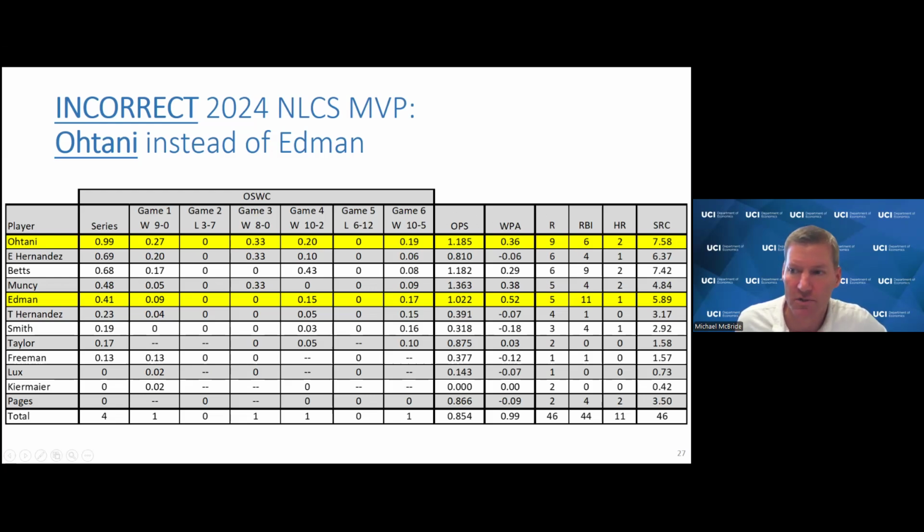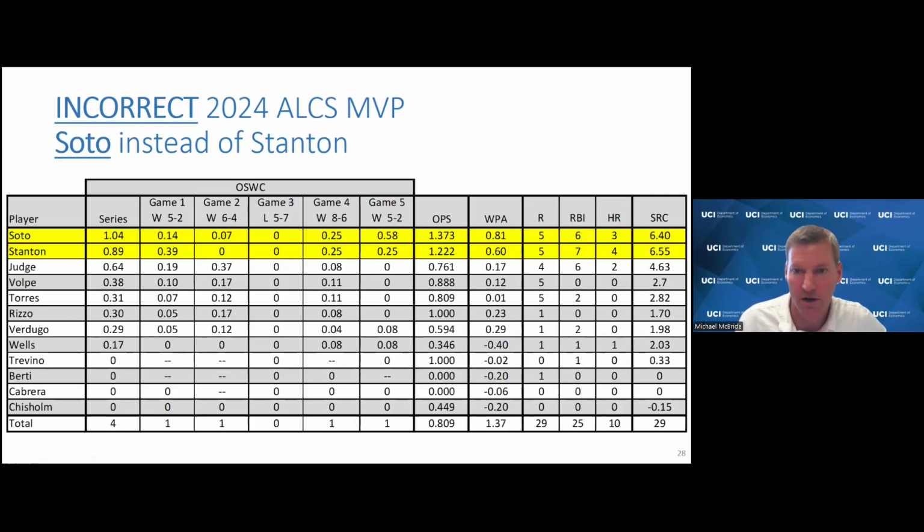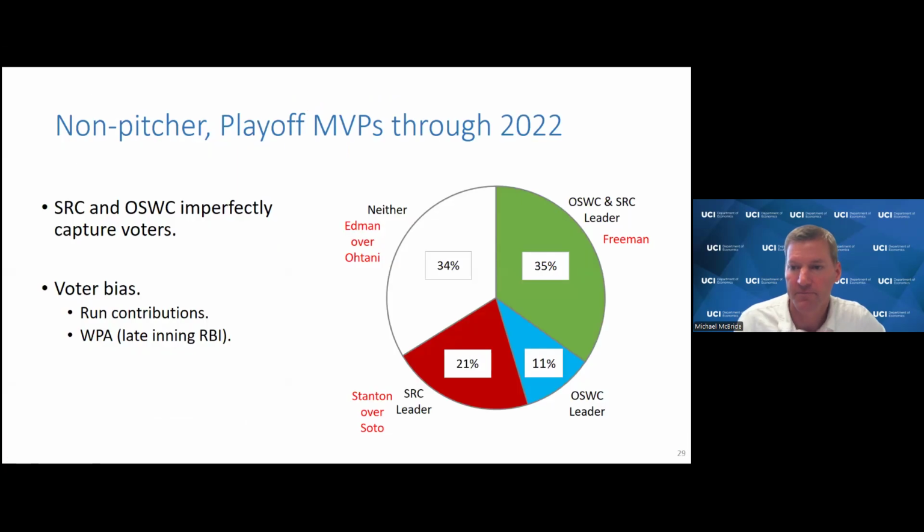So this is the total SRC for the whole series. And so what you see in a lot of these cases where the award goes to someone, it turns out it's someone who played really well when the team lost.